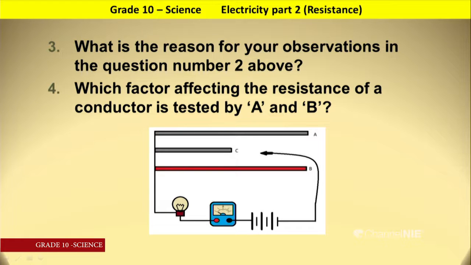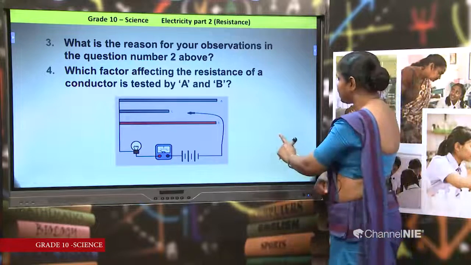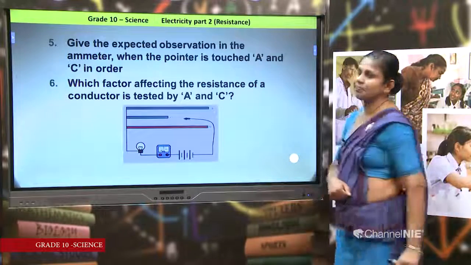Which factor affecting the resistance of a conductor is tested by A and B? When we compare the observations with A and B, which factor is tested, children? Material composition or the resistivity of the conductors.